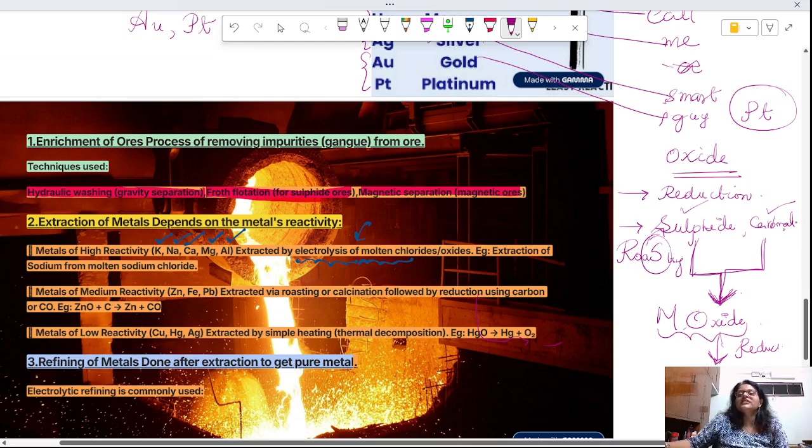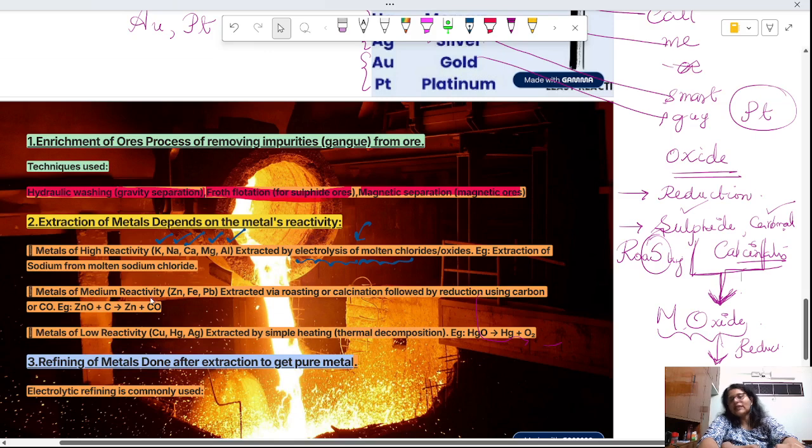And if it is carbonate, we use a method called calcination. We will find the difference between roasting and calcination later in this class. After roasting and calcination, the metal oxide that is formed will be reduced.